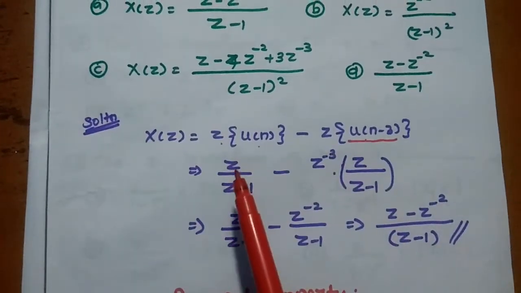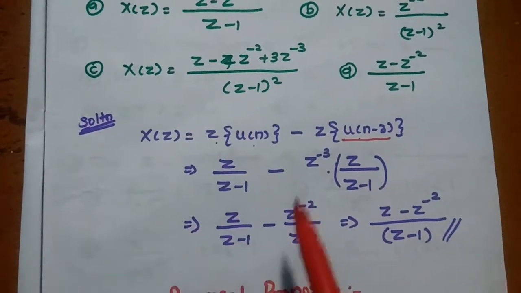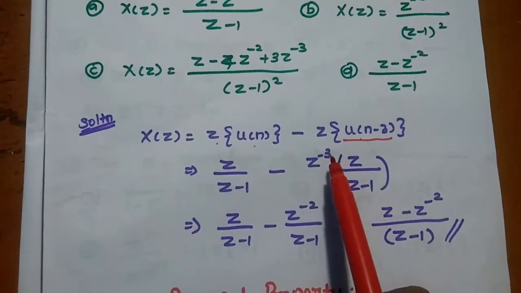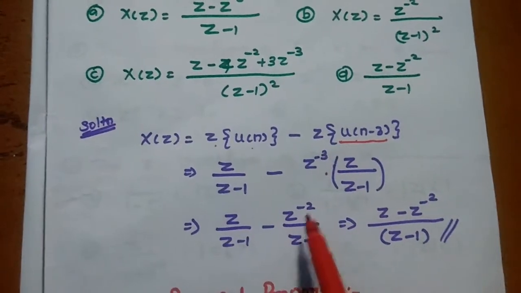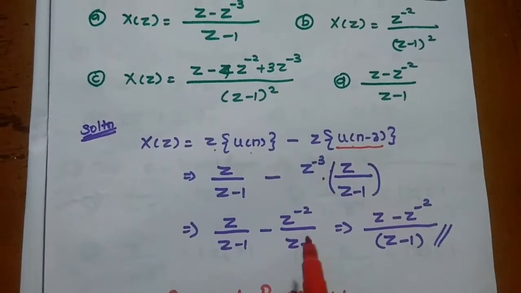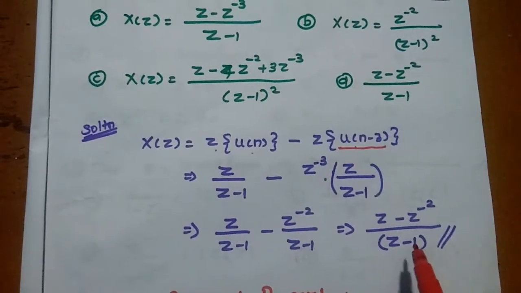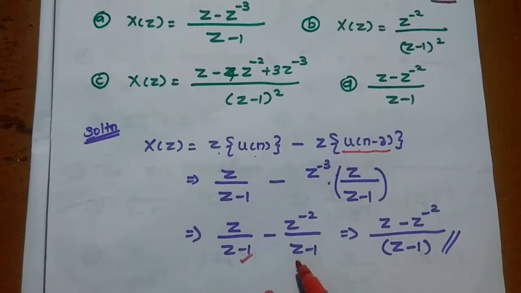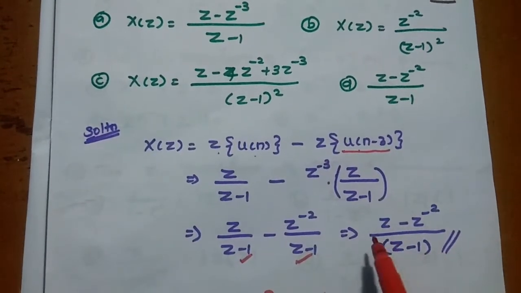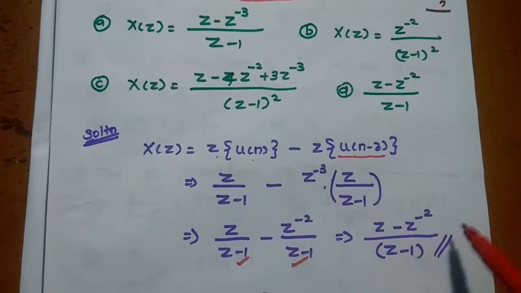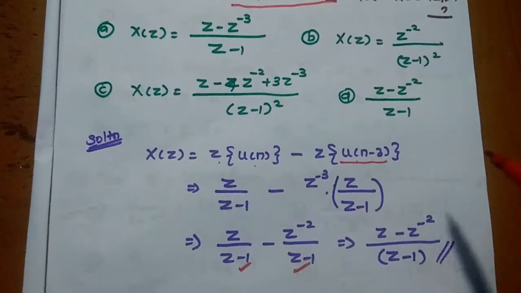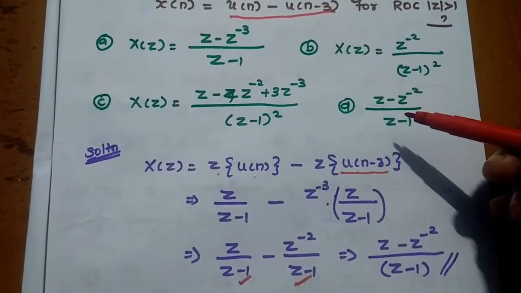So we get z divided by z minus 1 minus z power minus 3 into z, which is z power minus 2 divided by z minus 1. Then we can take the LCM. Both have the common factor z minus 1. In the numerator, z minus z power minus 2. So this is the answer. Okay, so where is the answer in the given problem?